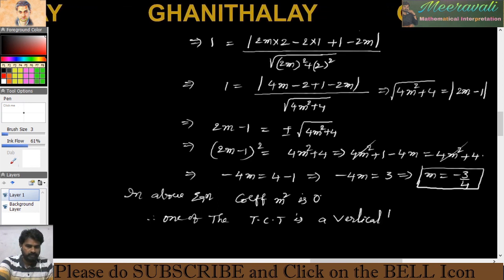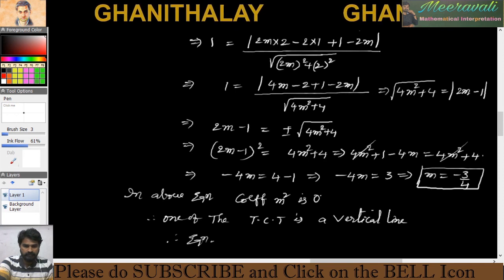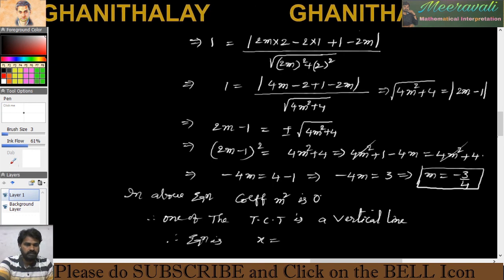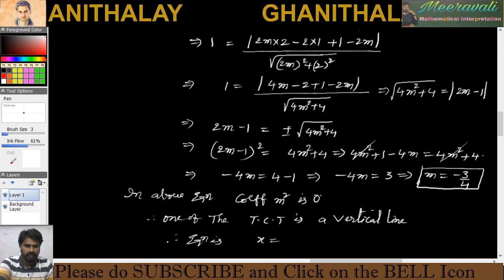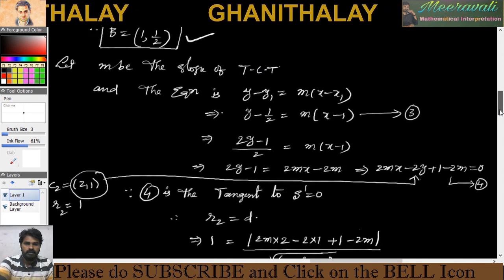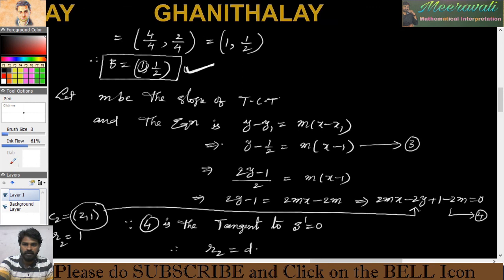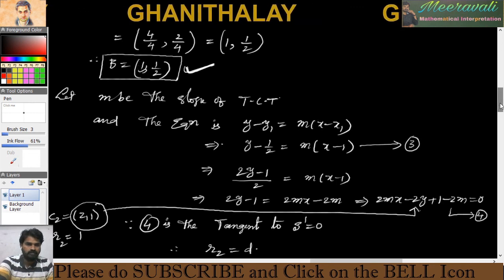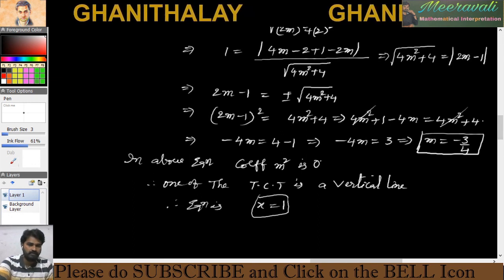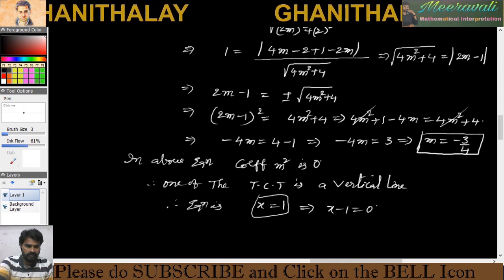Okay, so the vertical line equation is x is equal to constant. That constant x is equal to k means we have to write the x coordinate of this point. What is that? X coordinate of this point is 1. So therefore the transverse common tangent is x is equal to 1 here. This is one of the equations, that means x minus 1 is equal to 0.